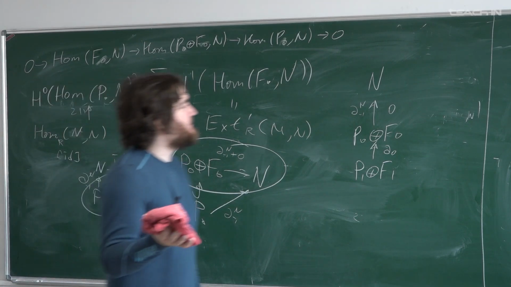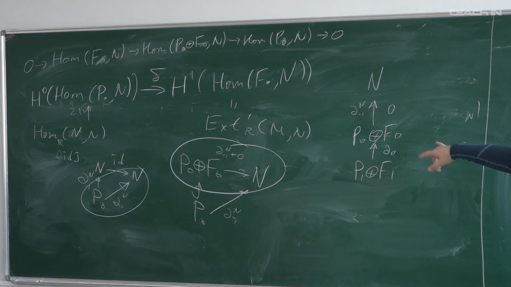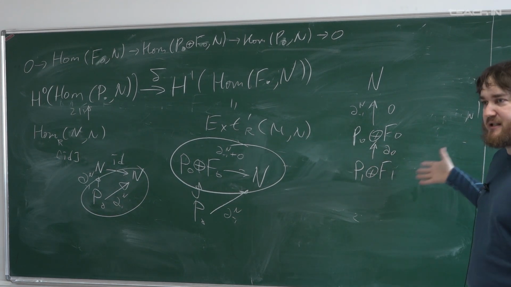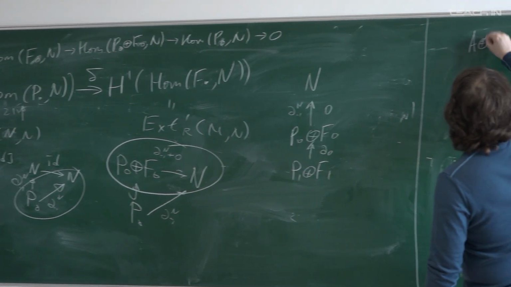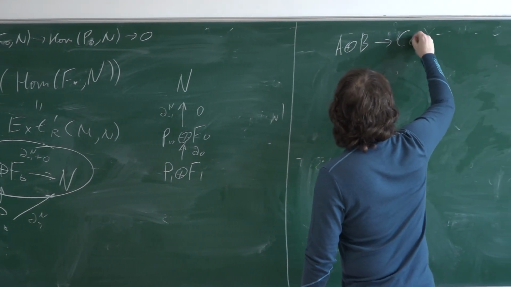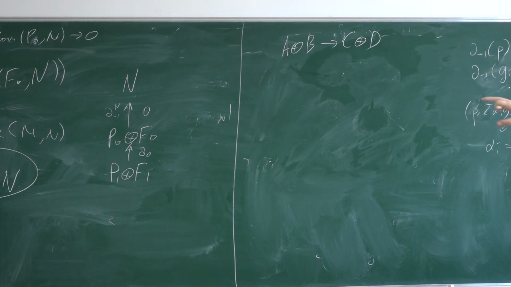Now a little bit useful how we can think about maps between direct sums. It's just matrices, yes? If you have direct sums of modules, and you consider A plus B to C plus D, it's just matrices. You don't need that they are free.